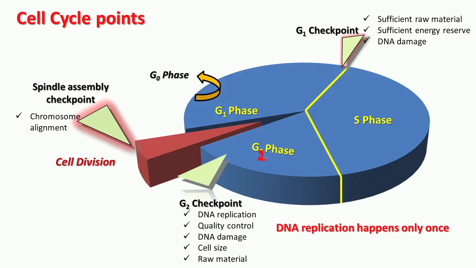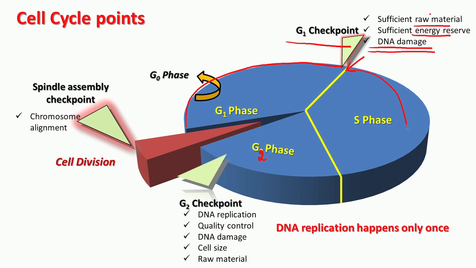The first checkpoint is right after the G1 phase, all right, before the cell commits to enter into S phase, and in this G1 checkpoint it will make sure that there is sufficient raw material, there is sufficient energy, and most importantly the cell will make sure that the initial DNA that it is going to duplicate, the starting DNA, has no DNA damage.